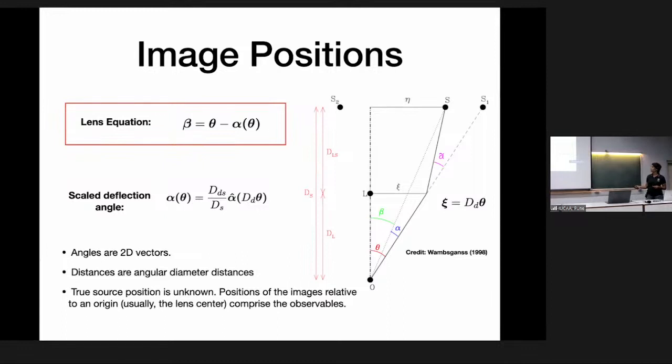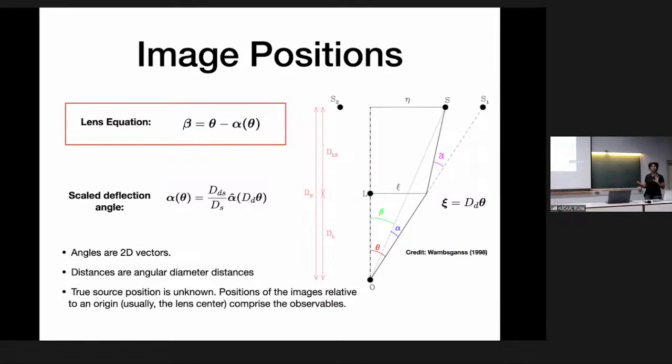So some points to remember: the angles that we're talking about are two-dimensional vectors. The distances shown here are the angular diameter distances, and the true source position is always an unknown. We will never know the true source position because the lens is there in the foreground, and the distances we're talking about and the velocities of these objects are such that these systems are basically static, and so they don't really move or evolve much in our lifetime.